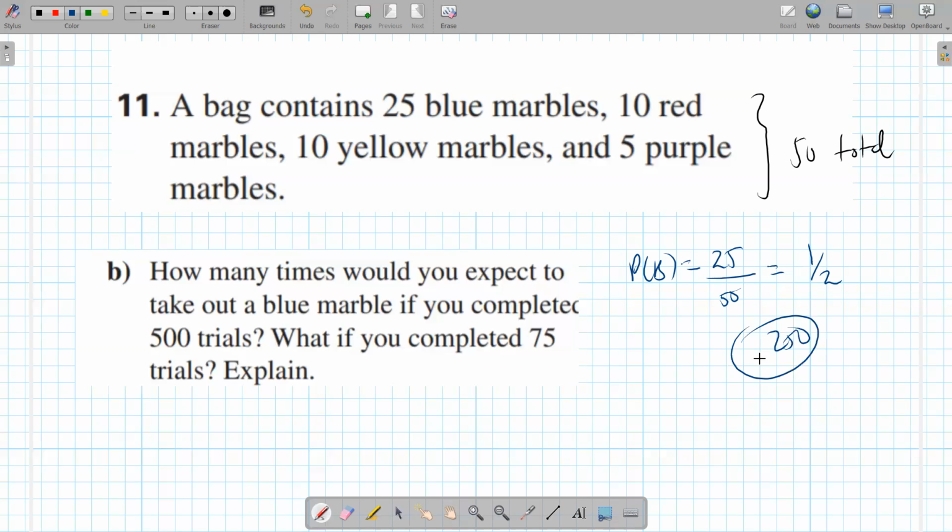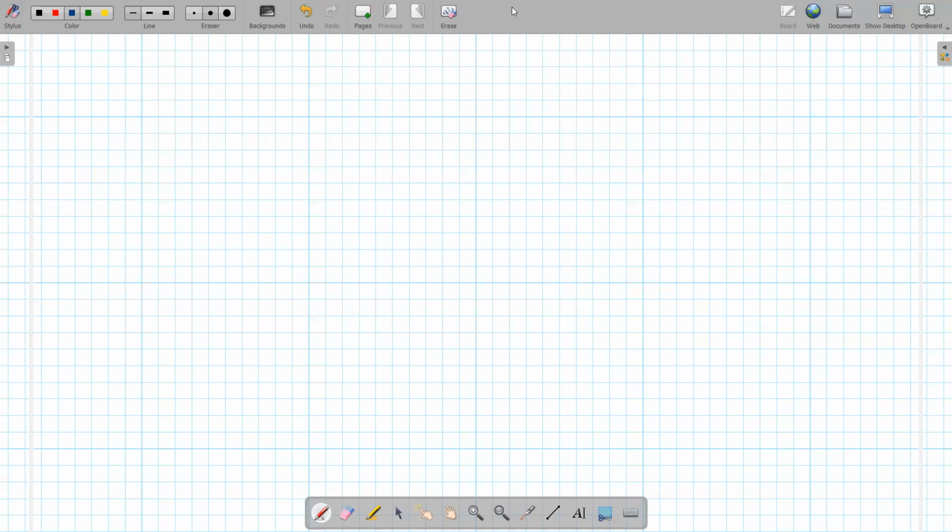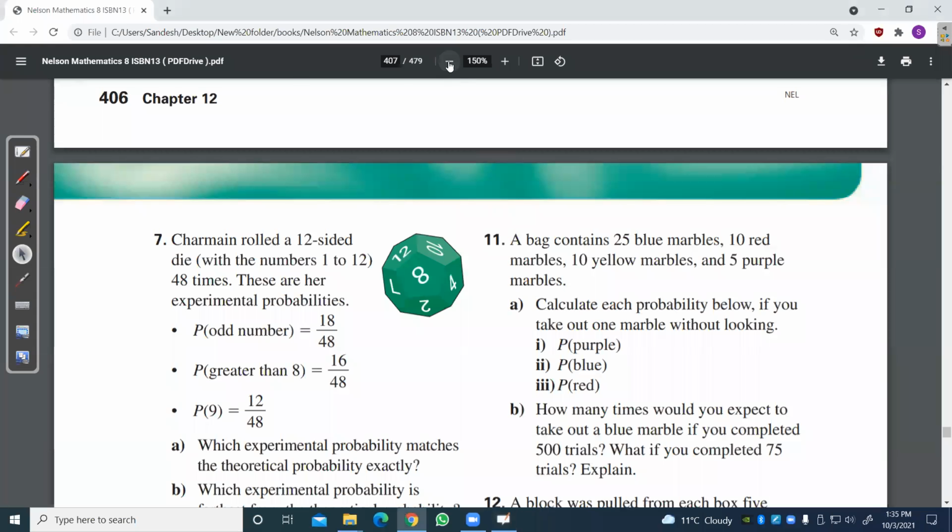Half the time, right? It's going to be half, so 37.5. Okay, 500, 250, so whatever the trial is, half the time you'd expect it to be a blue marble. Yeah? All right.